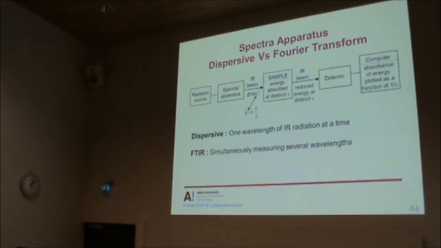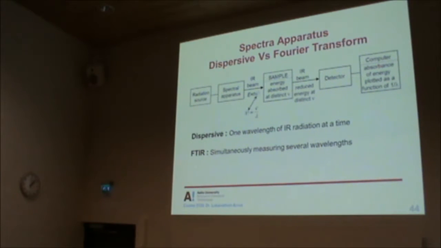So now we have seen the source of radiation, we have seen the detector a bit, and we will see how the detector actually works, how it processes the data. If you remember the second lecture that I gave, I told you that there are dispersive components which spread the photons based on the wavelength, and you select the wavelength that is required. But nowadays for infrared spectroscopy, nobody uses dispersive elements.